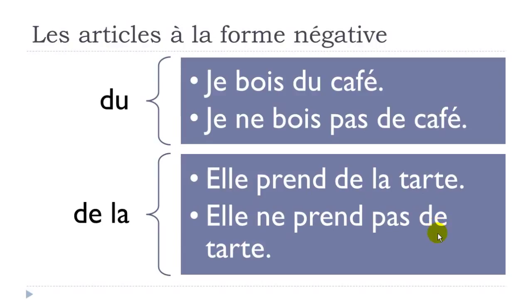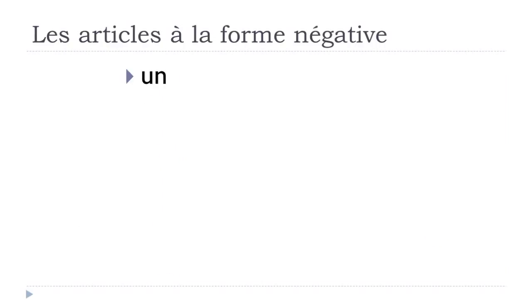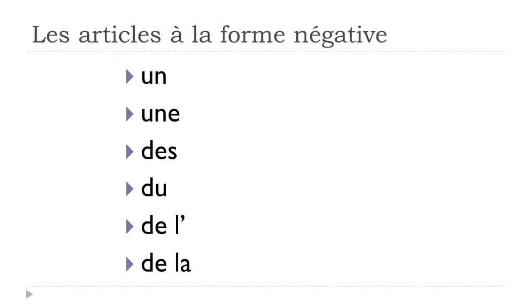All right? So what can we say if we've got un, une, or then des? So what we saw previously, so this article indéfini, or then if we've got du, de la, as we saw previously, so what we call les partitifs, okay?